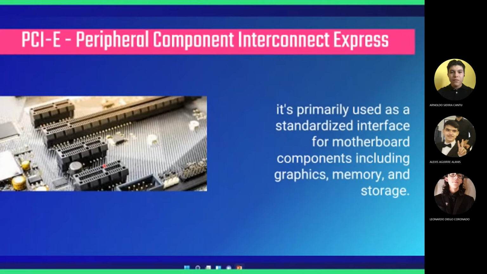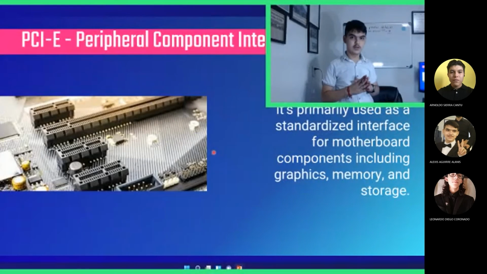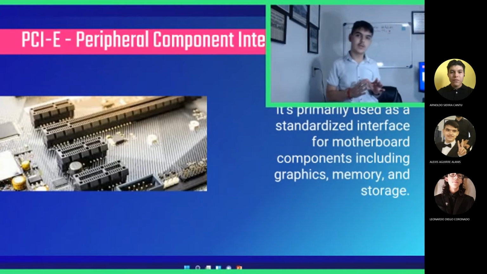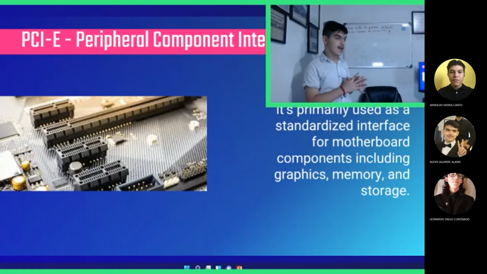And you can also add more cards on the PCIe, Peripheral Component Interconnect Express, port, mainly because it's very, very fast. And as I am telling you, this is very important, mainly because this device will help you a lot with the velocity of the data transmission.